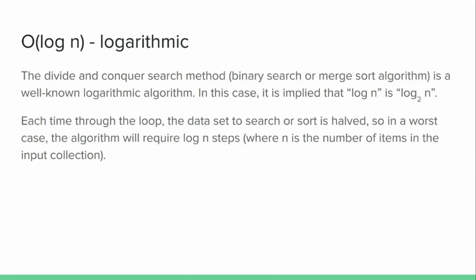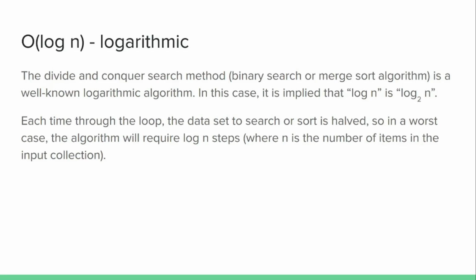Next up the ladder is logarithmic complexity, and this one can be the most difficult for people to understand. But you can consider that logarithmic complexity always involves some sort of divide and conquer type of algorithm. Examples of that are binary search or merge sort. So let's talk about binary search as an example.